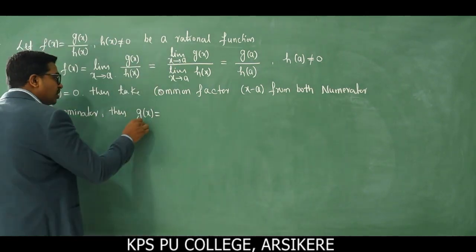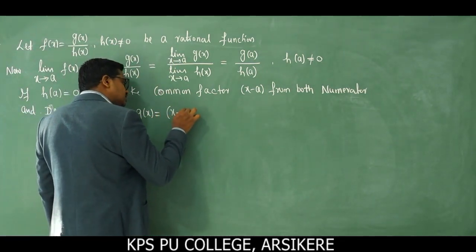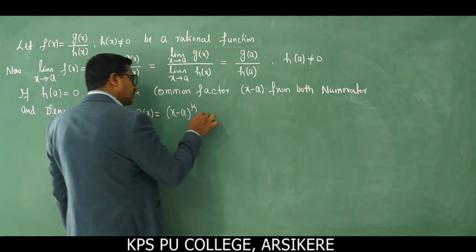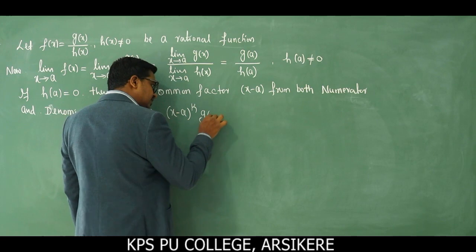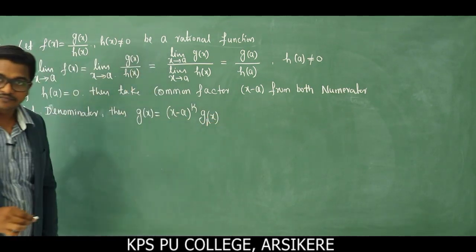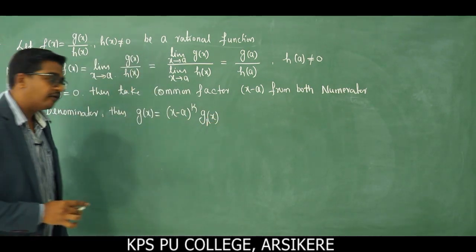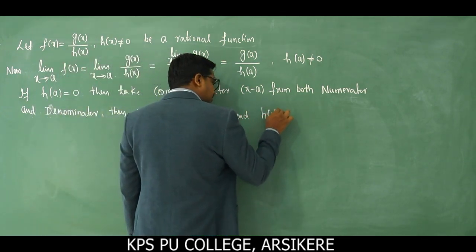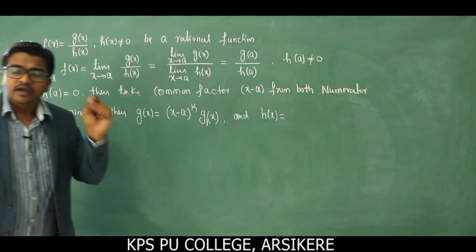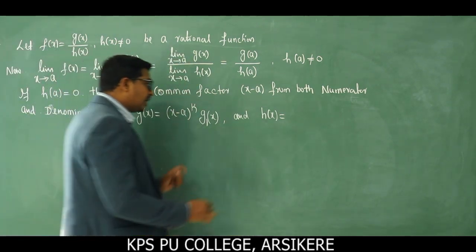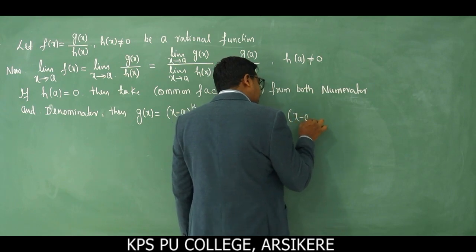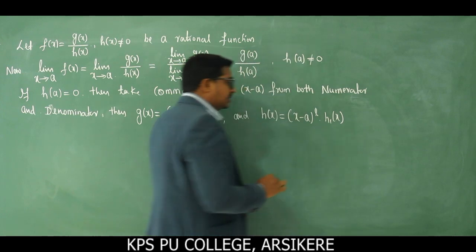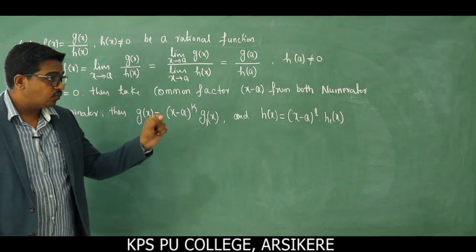The same case here: g of x becomes x minus a whole power k, it repeats k times, then this reduces to g1 of x. And h of x, what does it reduce to? Again here also we have taken x minus a as a common factor and that repeats l times, so that becomes x minus a whole power l into h1 of x.